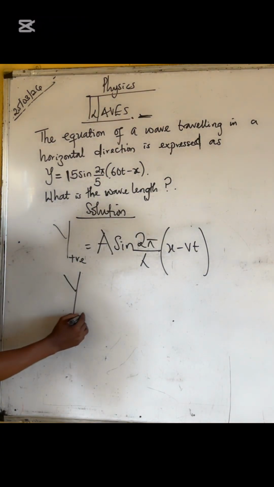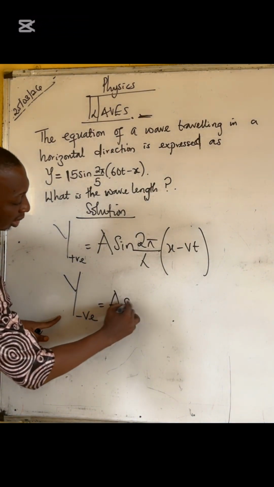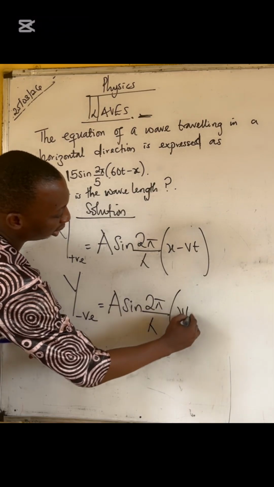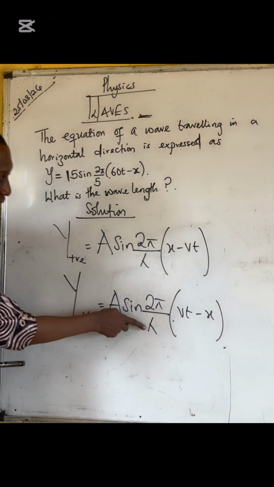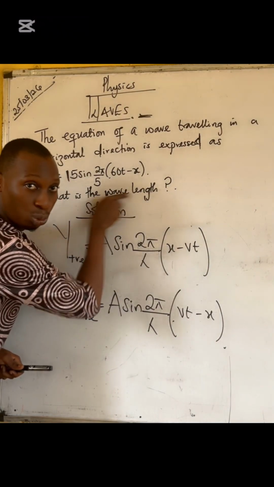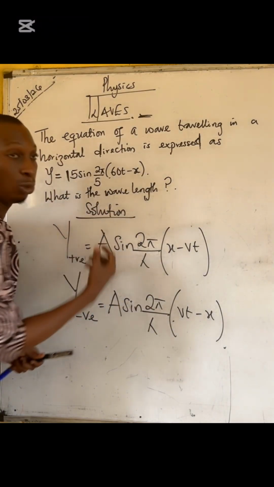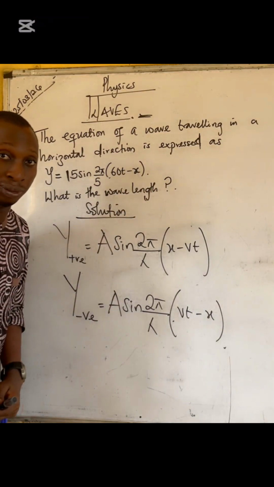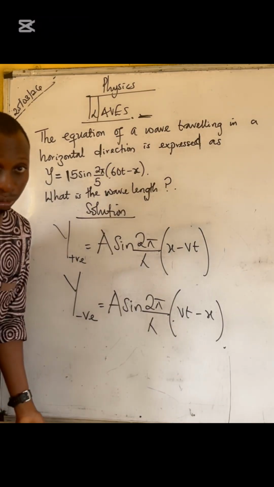But if it is traveling in the negative direction, then it is y = a sin(2π/λ (vt − x)). The terms I have here: λ is the wavelength. v is my wave speed. Wave speed is the distance traveled by a wave per unit time. t is time or period.